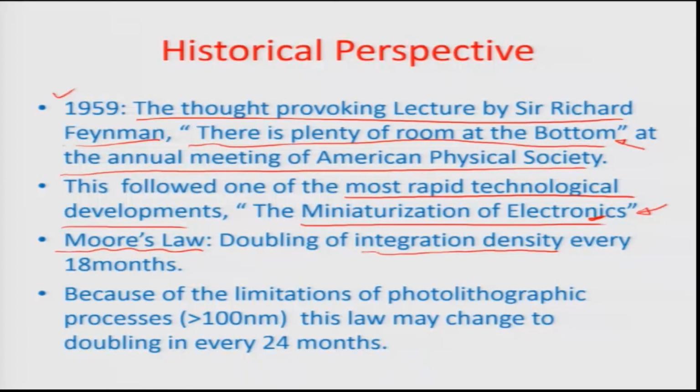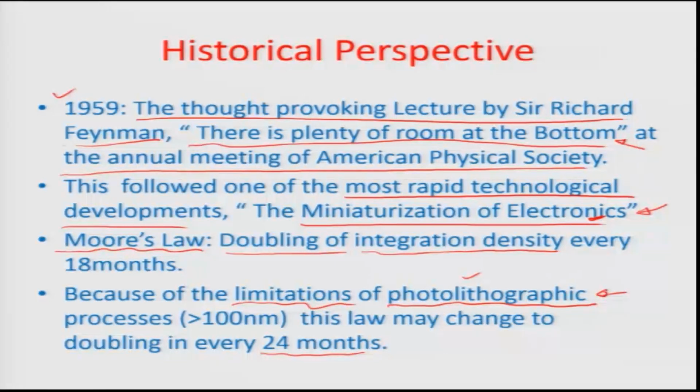And so, what Moore describes is a doubling of the integration density every 18 months. And obviously, this got changed to about 24 months because of limitations imposed by a process which is very important in laying out some of these small components and features, known as photolithography.